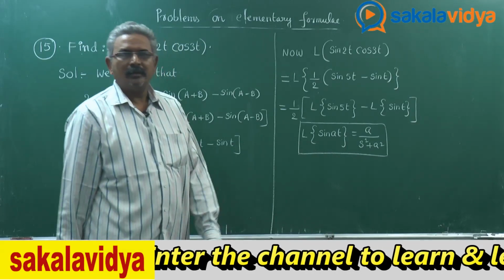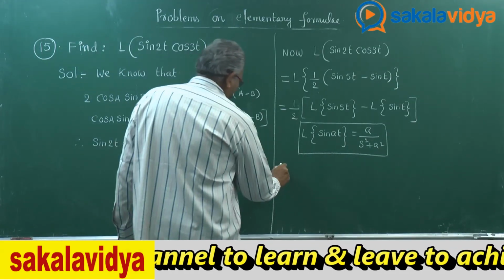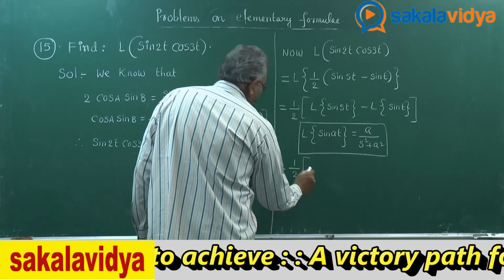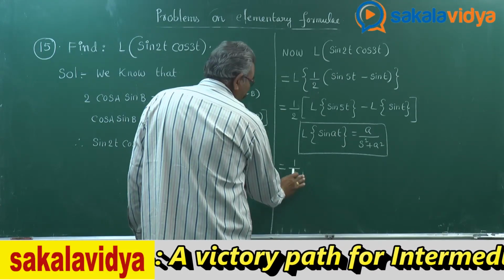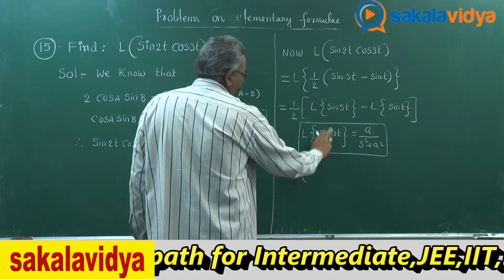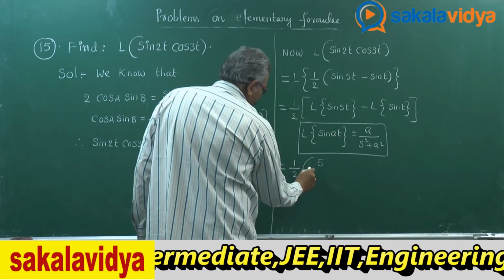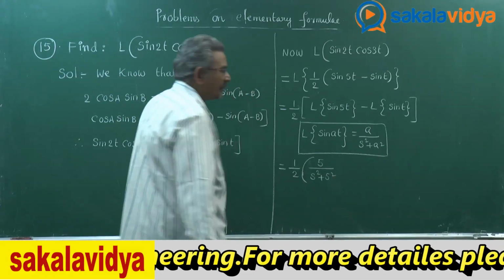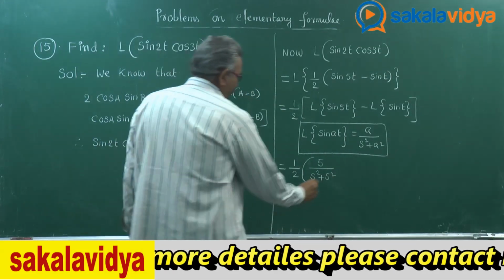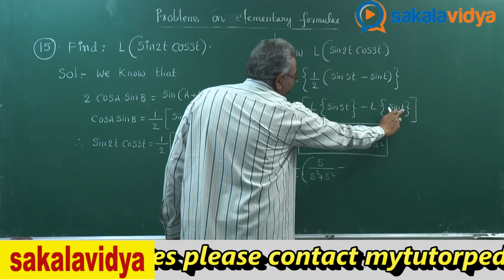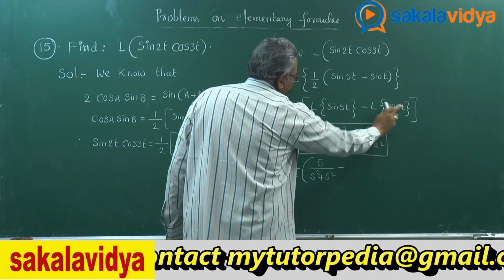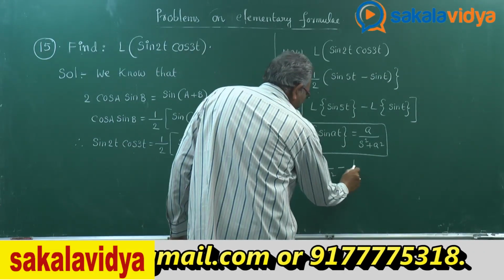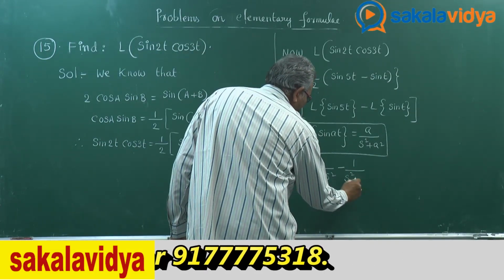So now half times: for sin 5t we can write a is 5, so 5 by s square plus 5 square, minus, here a is 1, because at is compared to t, a value becomes 1, and 1 divided by s square plus 1 square.